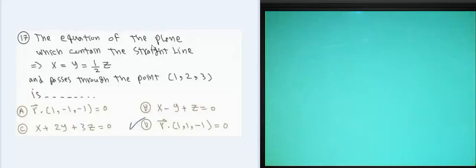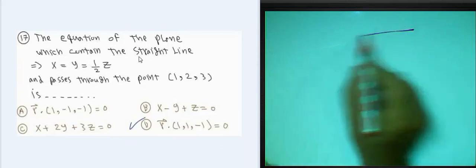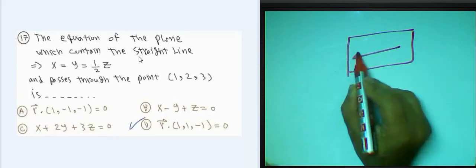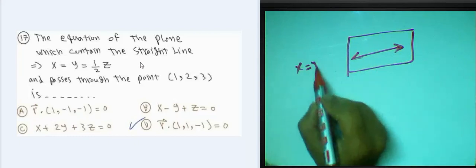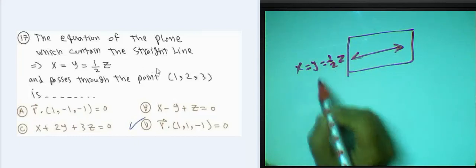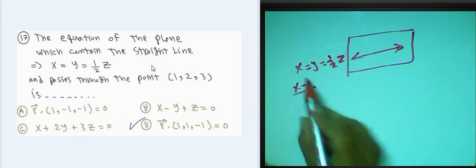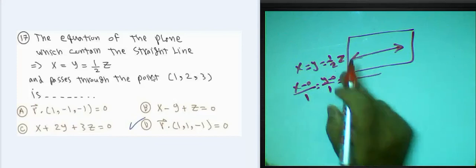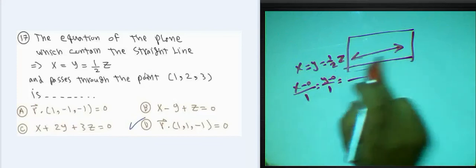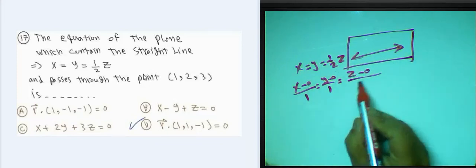Question 17. The equation of the plane which contains a straight line. We have a plane here. This plane contains a straight line here. The equation of the straight line is x equals y equals half z. Its meaning is (x minus 0) over 1 equals y minus 0 equals (z minus 0) over 2.